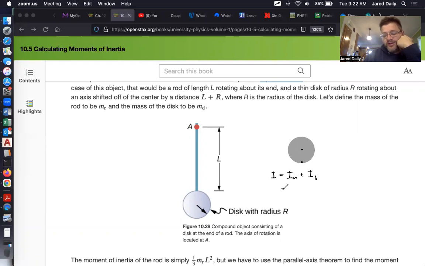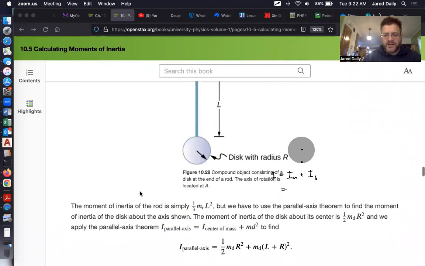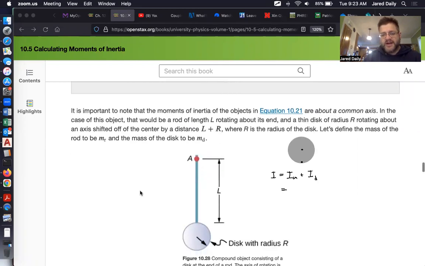So the moment of inertia around the center here for a disk is 1/2 m r squared, just like it is in this other one. So that first one is 1/2 the mass of the disk times the radius of the disk squared. And the next one would be this distance here.